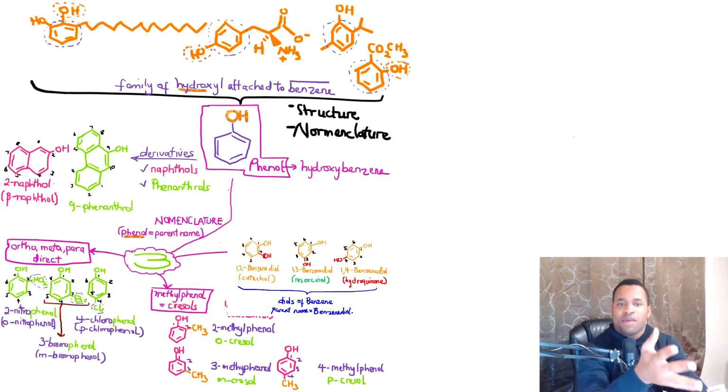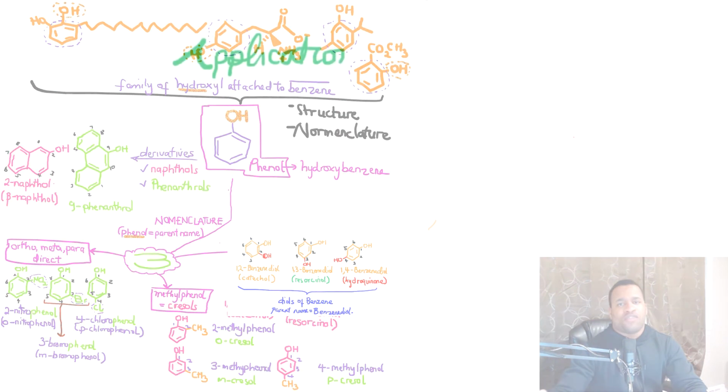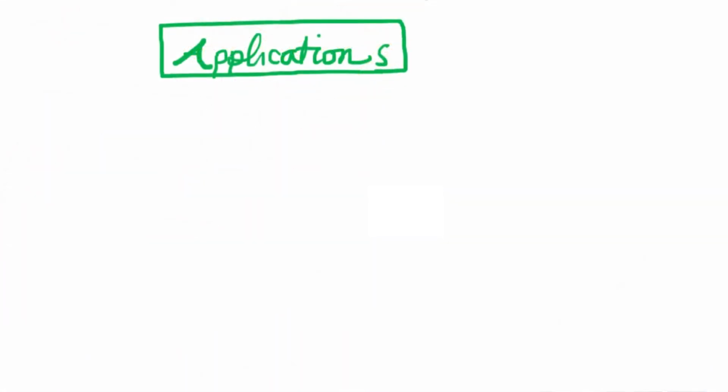So that's about it for the nomenclature, and then finally we're going to look at great applications of phenols or hydroxybenzene. And one application is hormones, and we have so many hormones in our body, specifically sex hormones, which are all cholesterol linked.